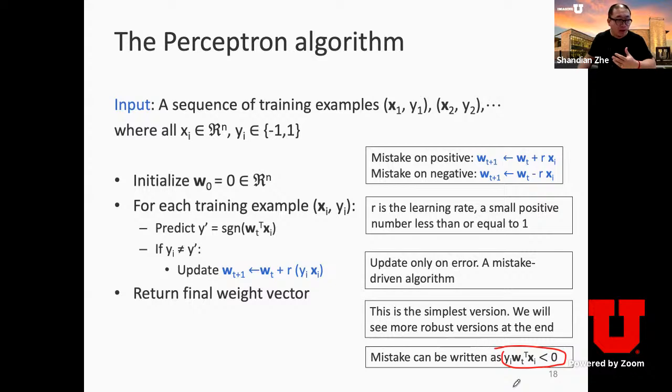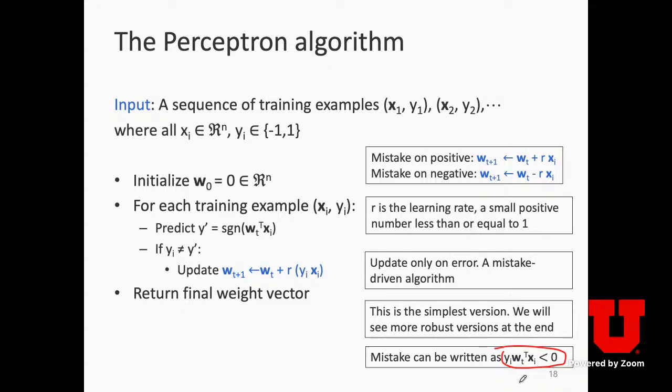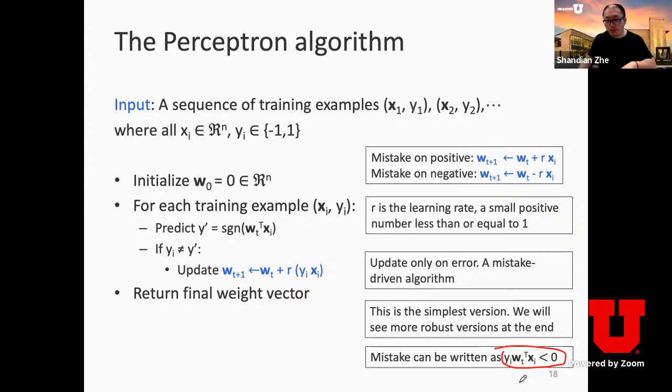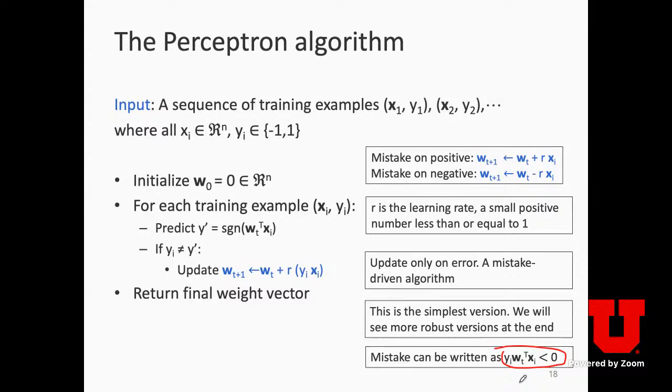Can anyone take a closer look and give us a hint why we can use this inequality as our test condition for a mistake? Student: The mistakes will only happen when the signs of y and wt x are opposite, so the product will always be negative. Yes, but you can supplement more. Student: Oh no, it was just that negative times negative is always positive.